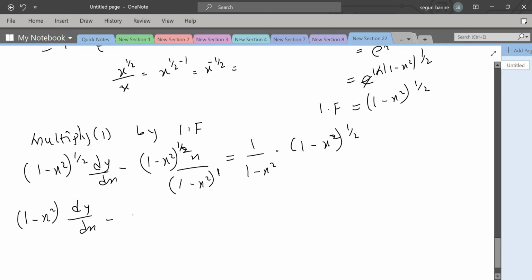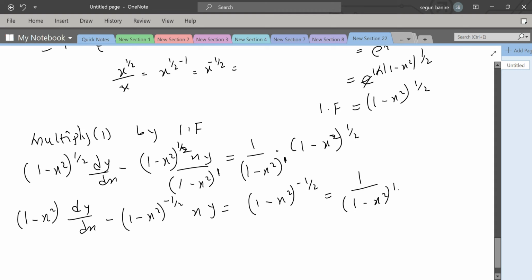If you subtract the power, you get 1 minus s squared raised to the power minus 1 over 2 times x. Then I think there is a y here, sorry, I missed that. So the same thing happens here. This is raised to the power of 1, so you have 1 minus s squared raised to the power of this. So this can also be written as 1 minus s squared raised to the power of 1 over 2. So that is just the point.